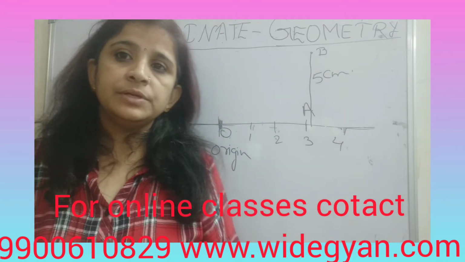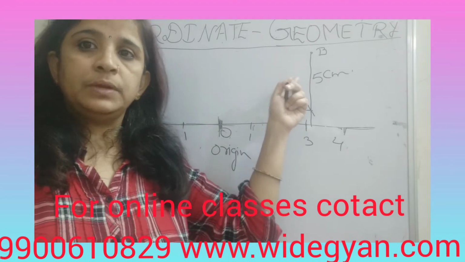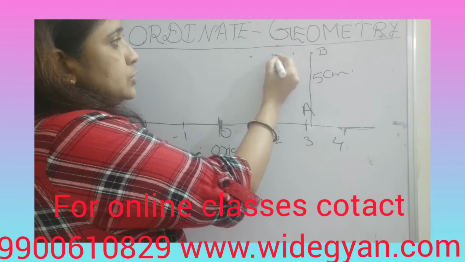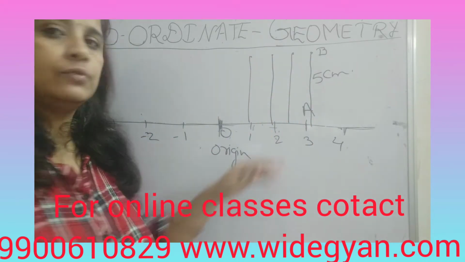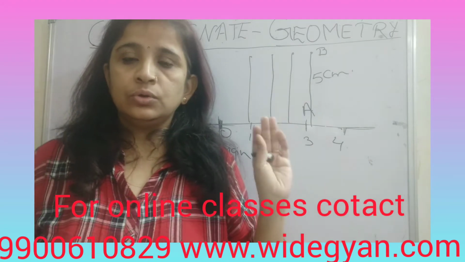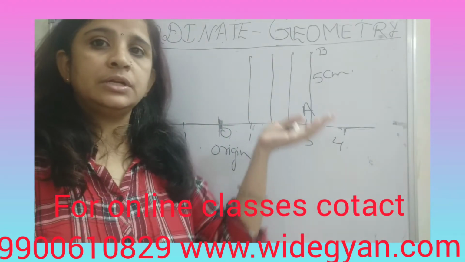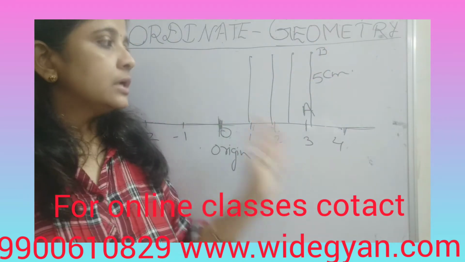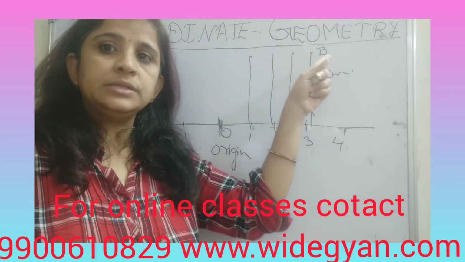From this information we can't identify the exact position of B because there are so many points which are 5 centimeter above from number line. So this information is not complete. From only this information, the point is 5 centimeter above the number line, we can't identify exact position of this point B.